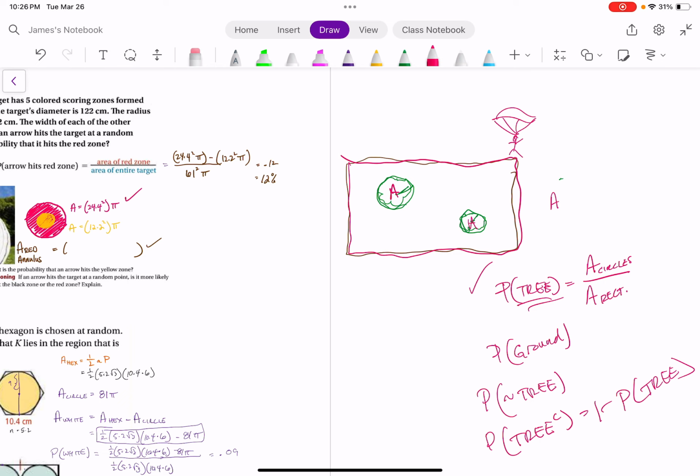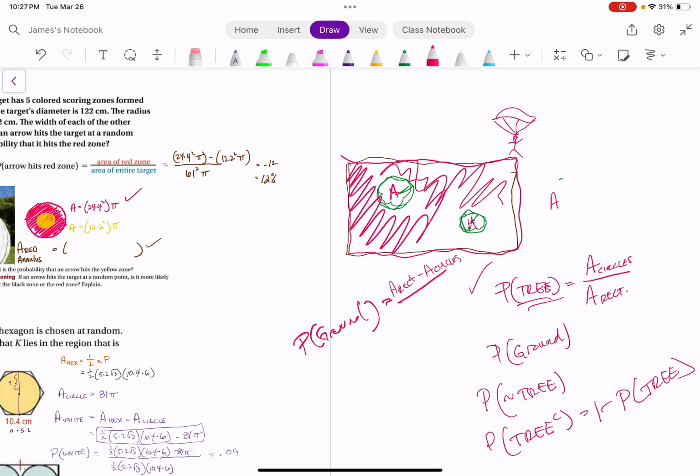Or vice versa, if I wanted to find the probability of landing on the ground first, I would take the top, it would be the area of the rectangle minus the area of the 2 circles. So that would give me all of this red area.